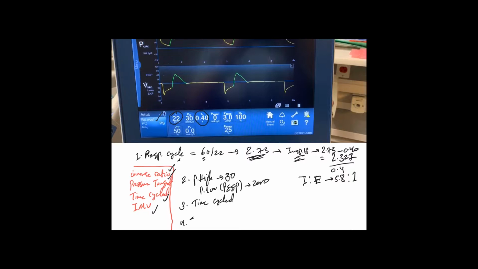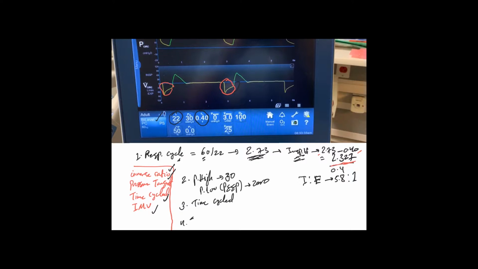It's only 0.4 seconds. As you see, it's very short here. The yellow part is very short compared to the green. So the inspiratory time, or T high, is equal to 2.73 minus 0.4, equal to 2.327.